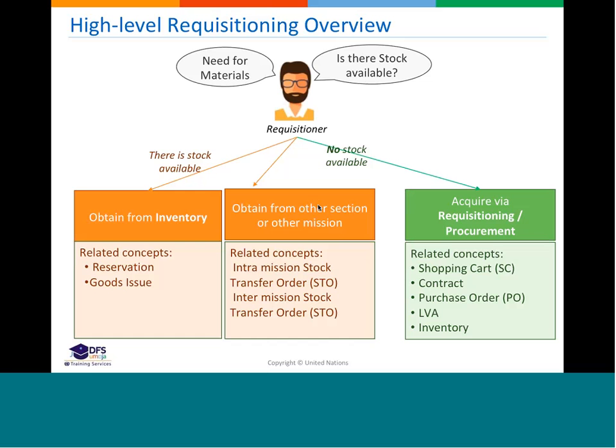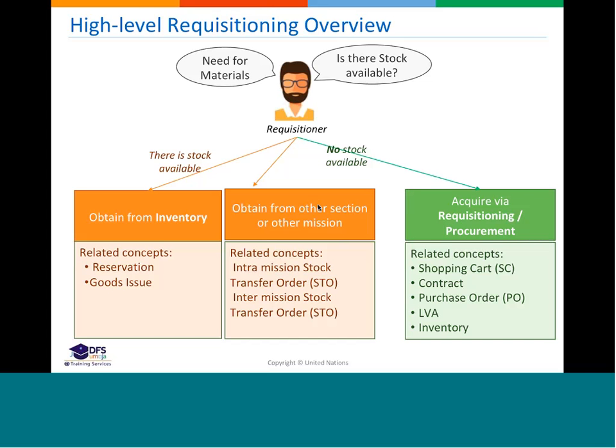If you are a manager, if you are an engineer, and you are involved in constructing a project, you need to work together with the requisitioner and you need to plan, and Umoja offers you reports in order to assess if there is a need to procure these items, or these items are already procured and they are stored in the warehouse.